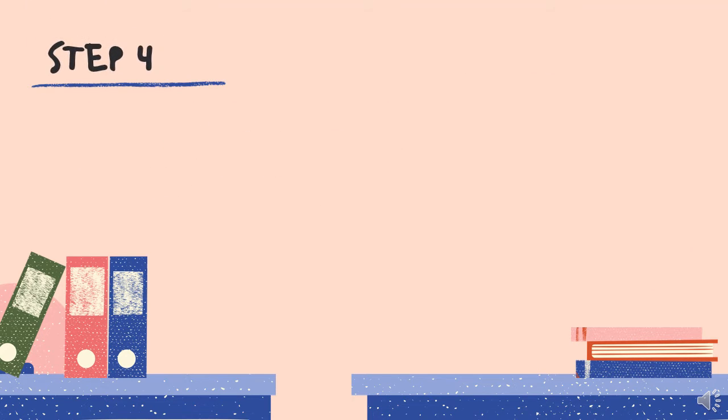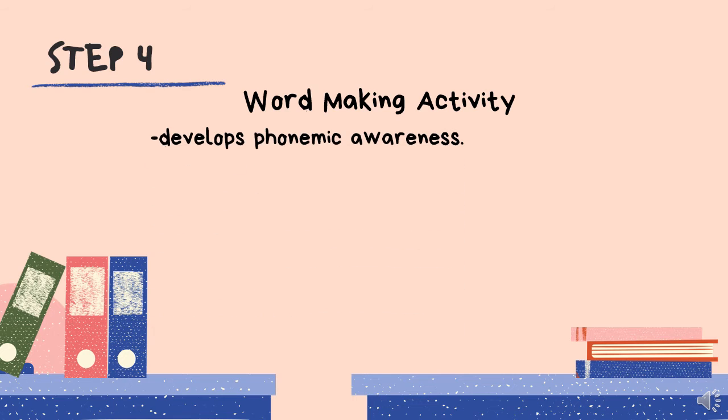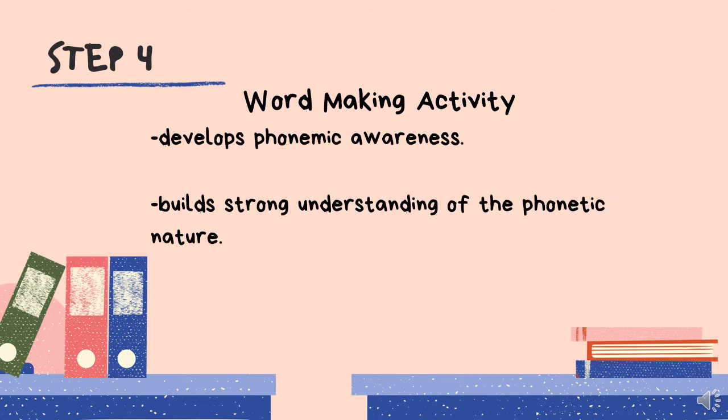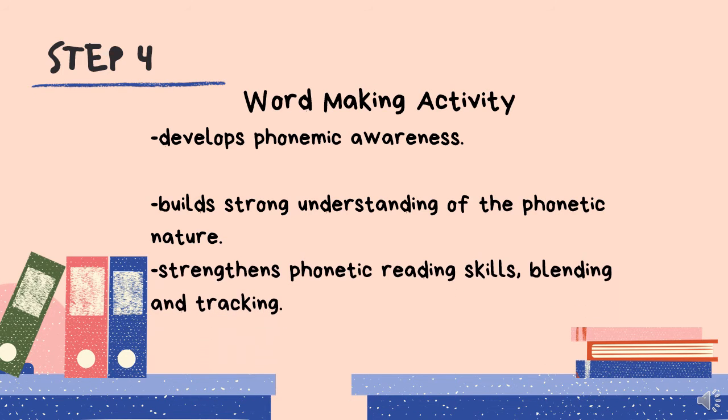Step number 4. Word-making activity. This highly effective multisensory activity develops phonemic awareness, builds a strong understanding of the phonetic nature of our language, and strengthens phonetic reading skills as well as blending and tracking.